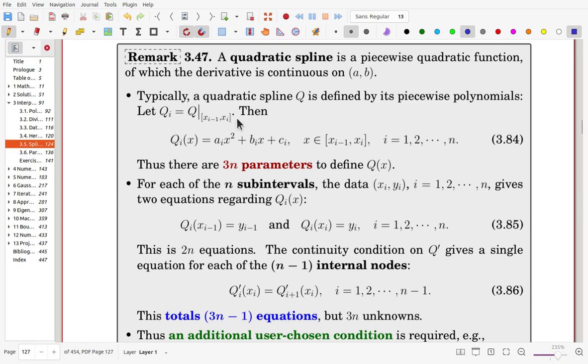A quadratic spline must be a piecewise polynomial of degree 2. For each subinterval it must be quadratic, so that there are n subintervals, and in each subinterval we need 3 parameters to decide. So there are 3n parameters to decide.